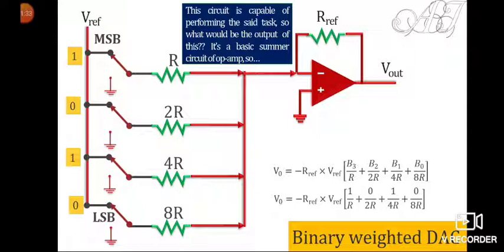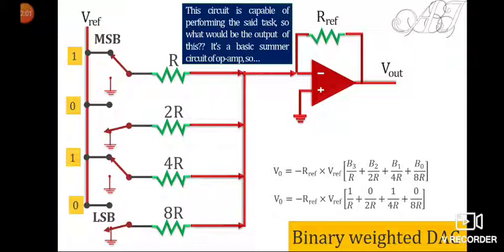According to the signal, if it is 1, then these resistors will be connected with V reference. But if the value is 0, then these resistors will be connected with the ground. See, with the help of animation, this was 0, so I have connected it with ground. This is also 0, the last bit is also 0, so I will again connect it with the ground.